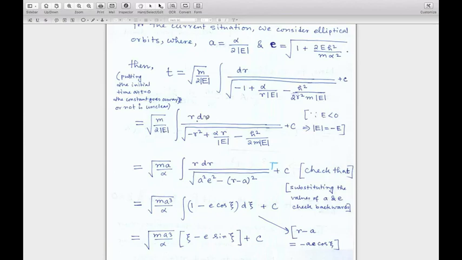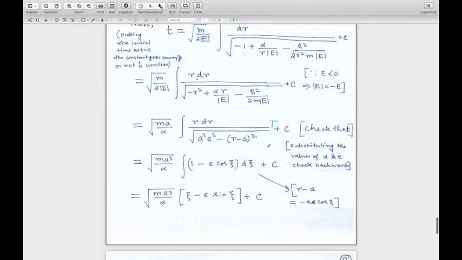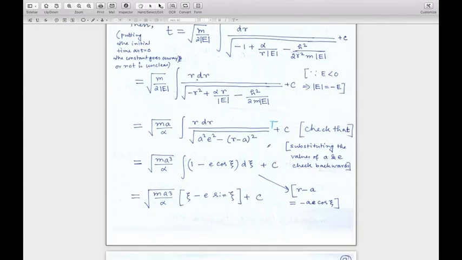integration r dr. I am just multiplying r in both the numerator and the denominator. So r dr root over minus r square plus alpha r by mod e minus h square by 2m mod e. Now you have to do something very tricky: substitute the values of a and small e, that is eccentricity, accordingly in this fraction, and that's a small homework to you.